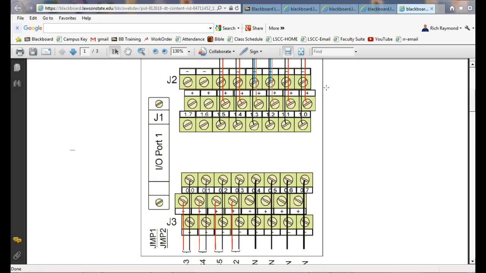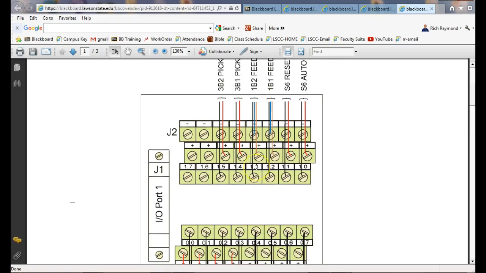They don't define it as an input, and they don't define it as an output. But remember, inputs are 0, 1, and 2, and outputs are what? 3 and 4. So this is 1.7, so that's input 1.7, right? You understand? That's the way they label the board.